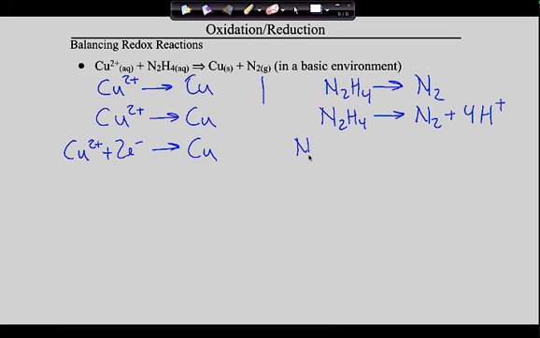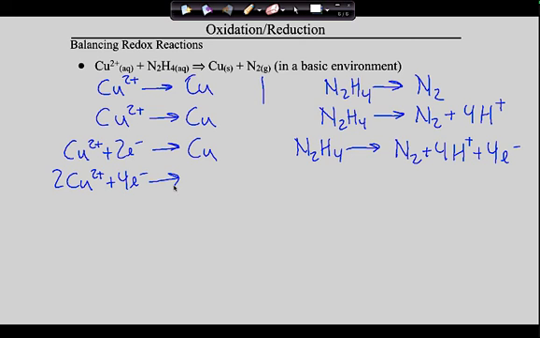So we've got N2H4 yields N2 plus 4 protons plus 4 electrons. You good there? Now we need to do the multiplier that makes these equal in terms of electrons. So we've got 2 Cu2 plus 4 electrons yields 2 Cus.